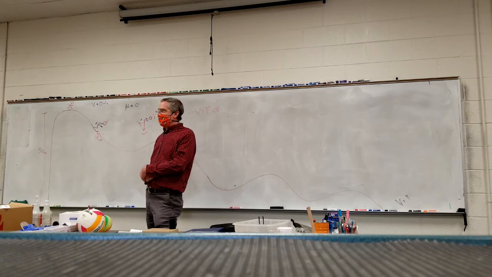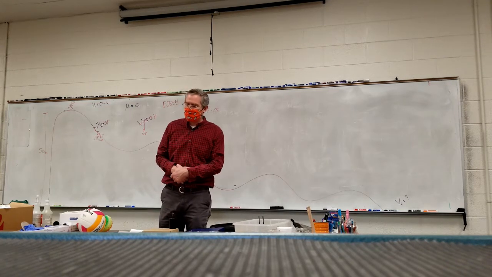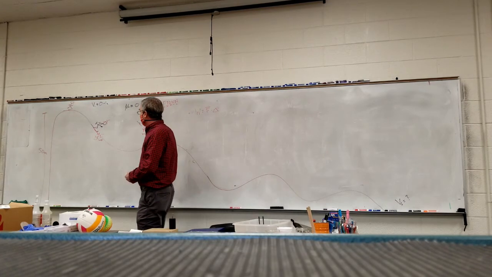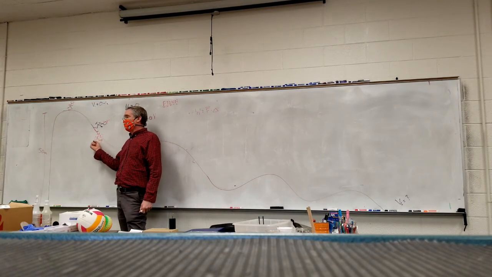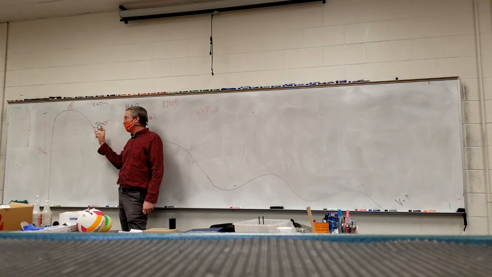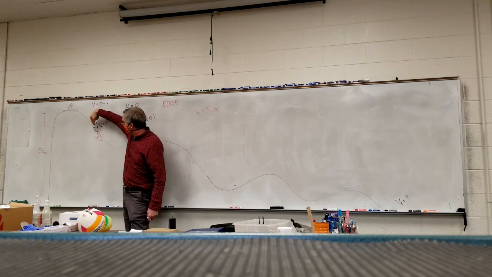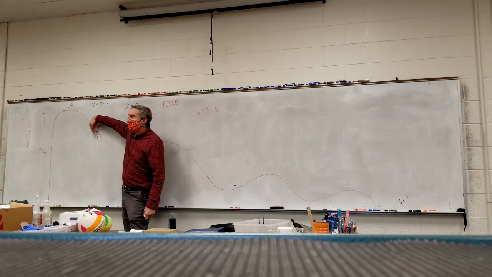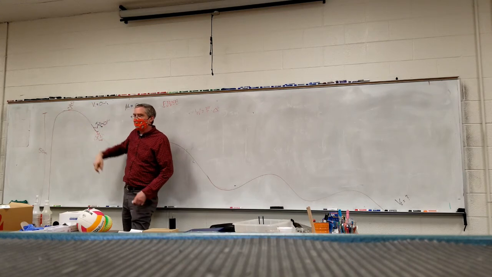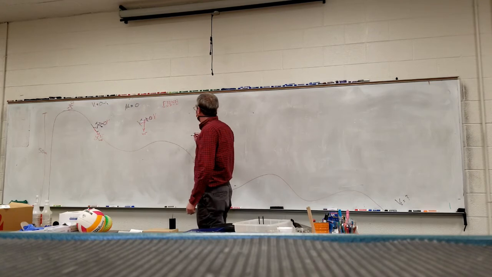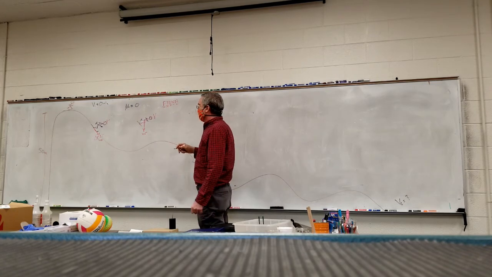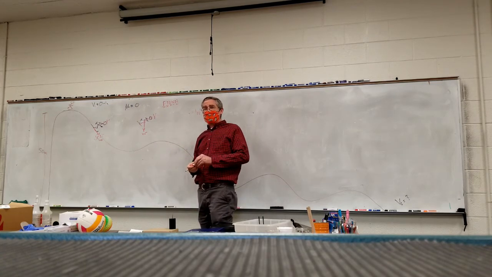When you're doing a dot product, the question is how much of one vector is in the direction of another. How much of the normal force is in the direction of movement at this instant? None. So the dot product is 0. The normal force does not do any work at all.